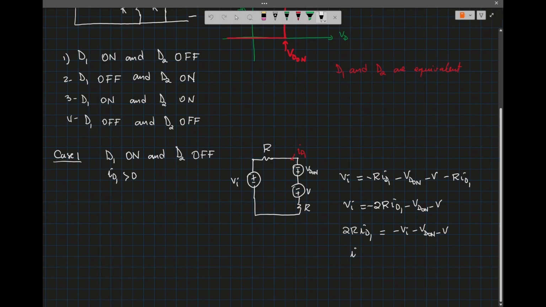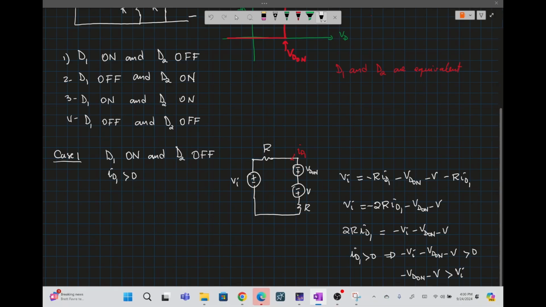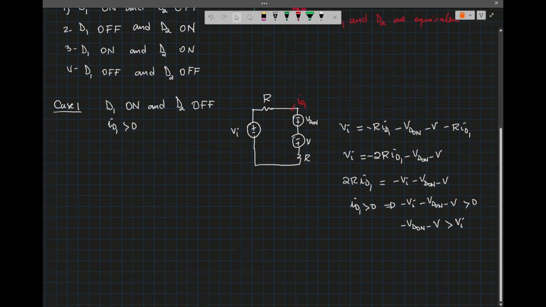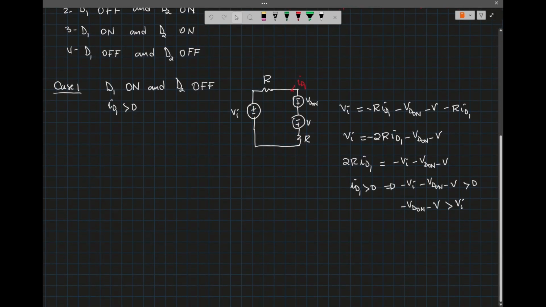So ID1 must be positive. This implies that minus VI minus VD on minus V is positive. That means minus VD on minus V is bigger than VI. So in that case, what is the output voltage?